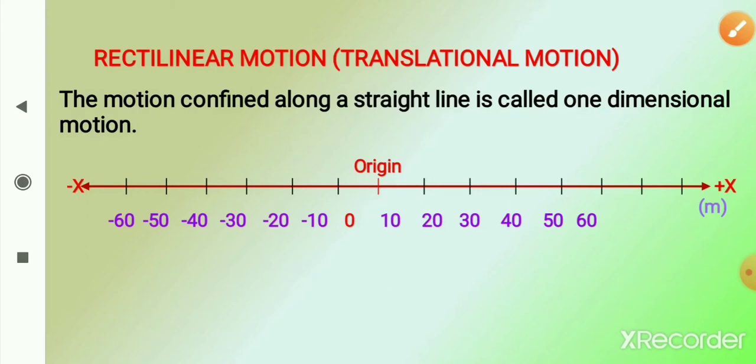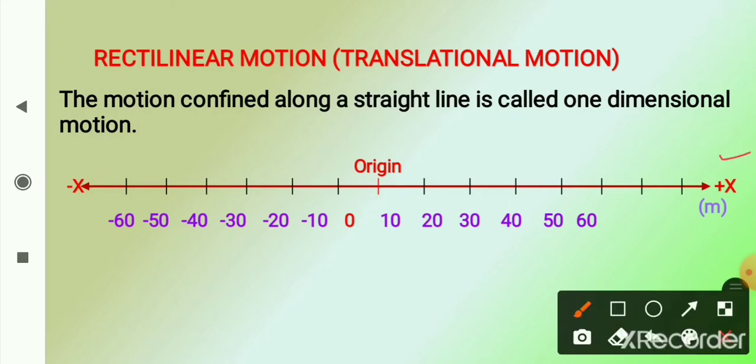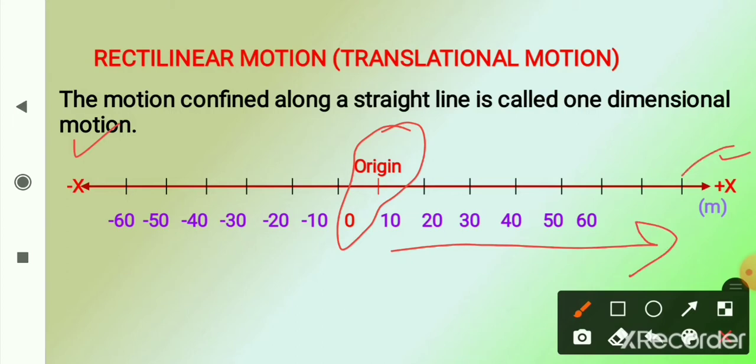So let us consider motion along x-axis only. Now for that we fix a point as origin. We fix a point as origin and one side is taken as positive plus x. The other side is taken as negative as minus x.